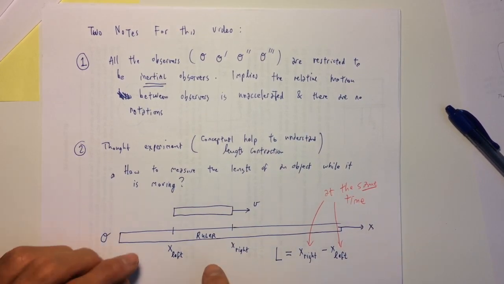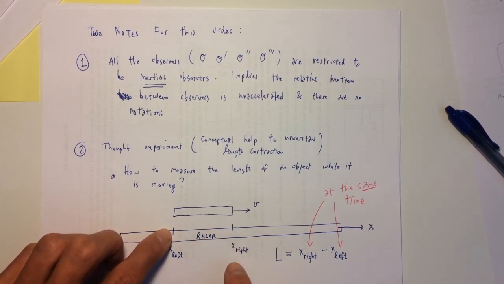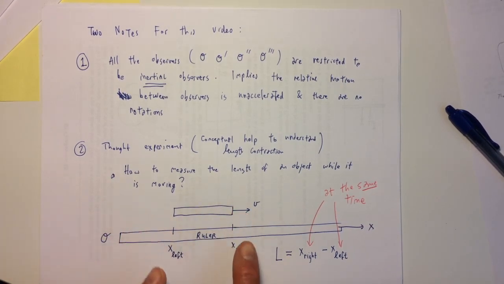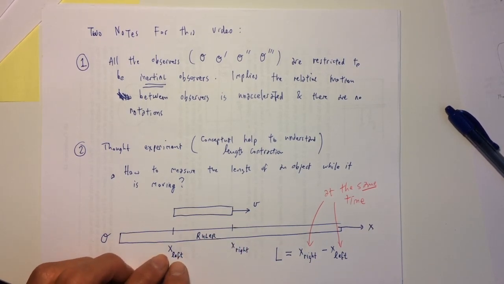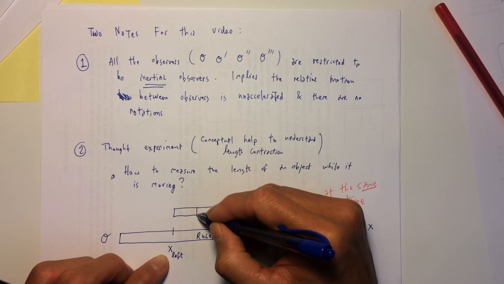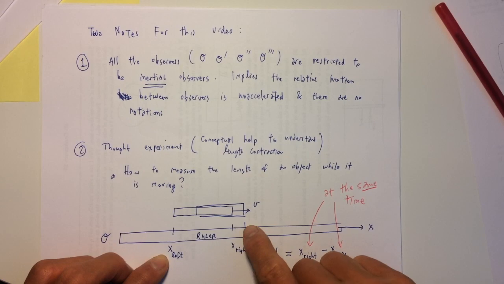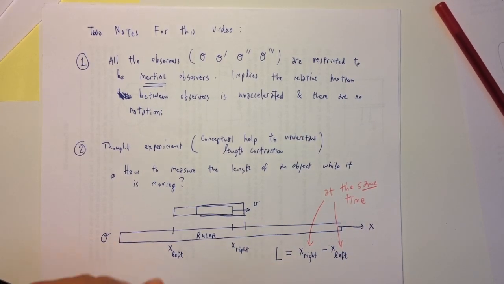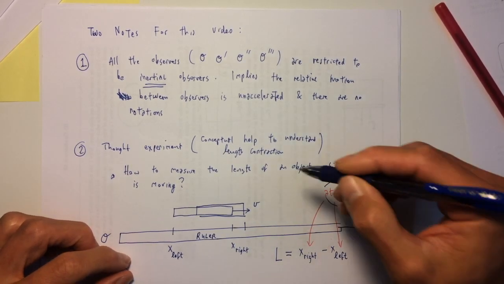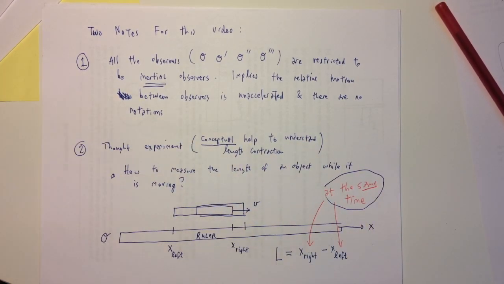That is, the moment that you measure the left end, you need to also measure the right end at the same moment in time. If you do them at separate times, then maybe this is the earlier measurement. By the time you make the right side measurement, this object has advanced over, and this is where you'd measure the right hand side. So then you'd measure the length to be too big, right? So this is a big deal, and it's going to help you have a conceptual head start on what's meant by a length contraction.